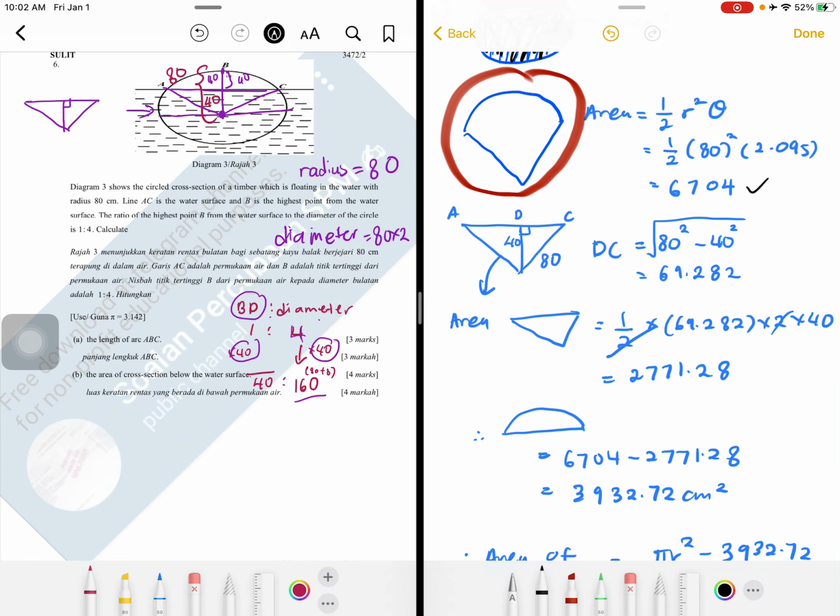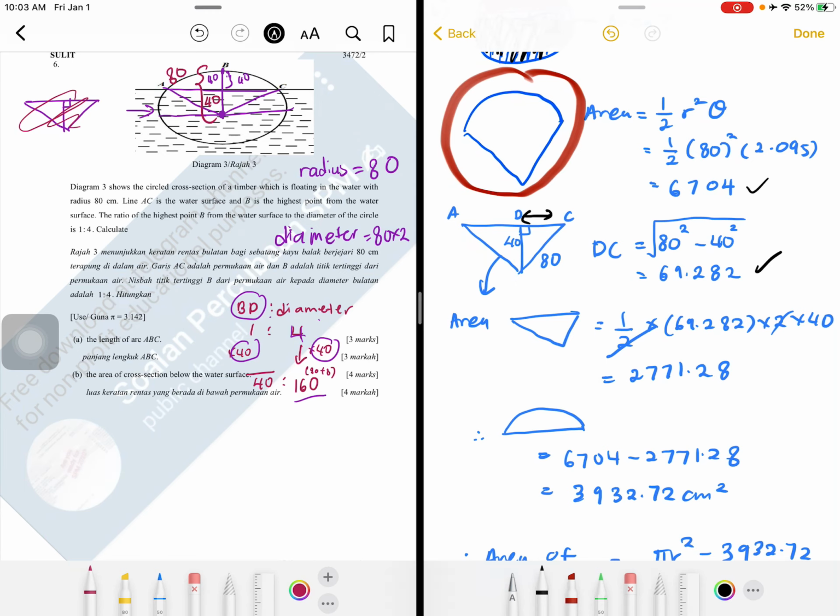Okay, cari area triangle sebab kita boleh take out the triangle kan. So we know that is a triangle yang tadi kita buat tadi. Lepas tu kita boleh cari panjang DC. Kenapa? Sebab kita guna Pythagoras theorem. So panjang DC adalah 69.282. Tak susah mana pun nak cari Pythagoras theorem. Form 2 dah belajar kan.